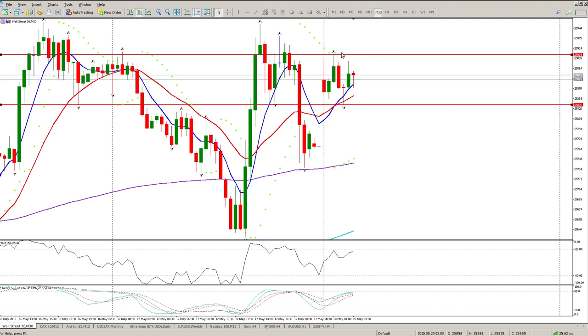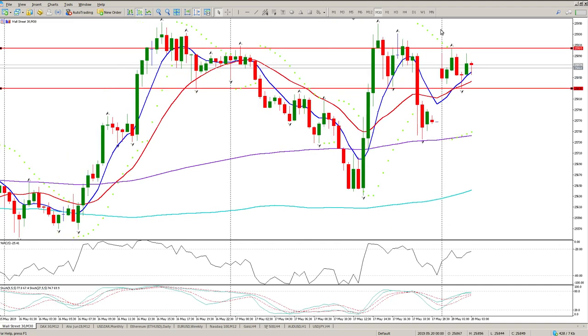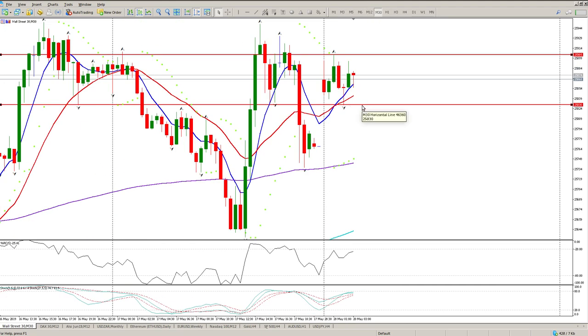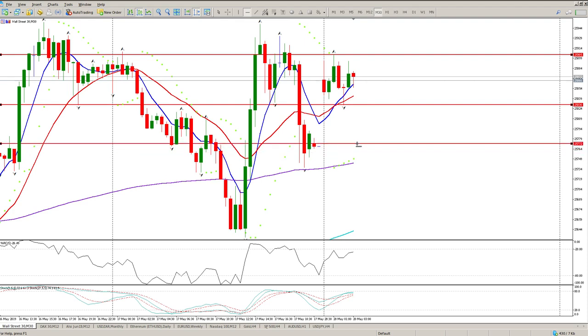I wouldn't take that this morning, because often what happens is you get this kind of gap up and then you muck around like this, then all of a sudden you turn around, come back and close the gap at the bottom. Okay, and then you kind of build. So that's the way that I do it, and a break below 25,830 will definitely give me an opportunity to come down here to the gap close of 25,772.